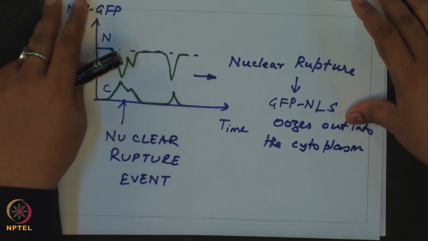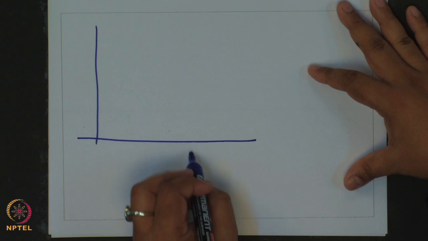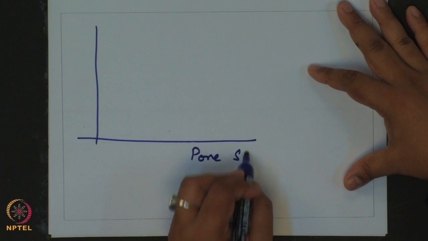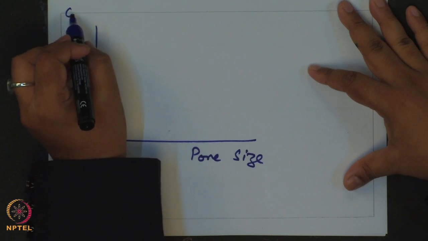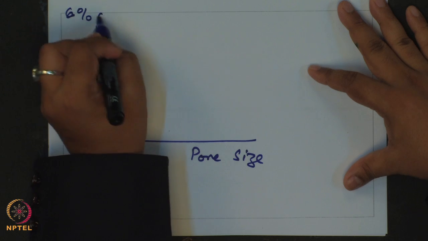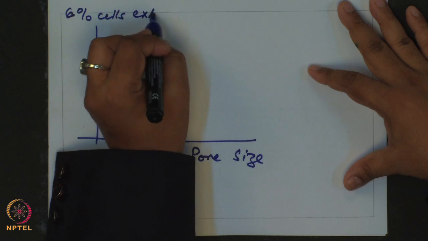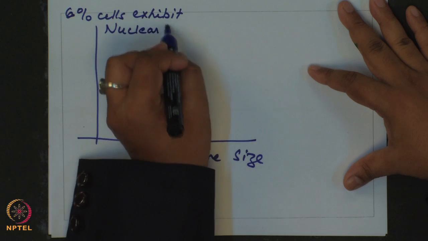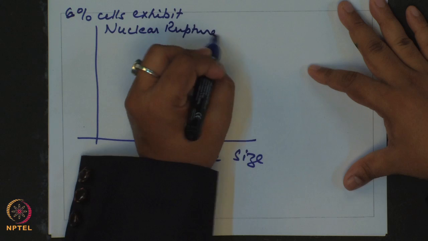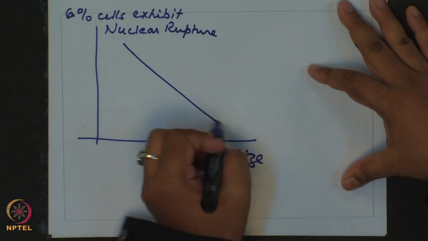Okay. And while this particular geometry was microfabricated, they have done it in multiple collagen gels, and what they found is that if you find out the average pore size and the percentage of cells which exhibit nuclear rupture, they found a correlation.